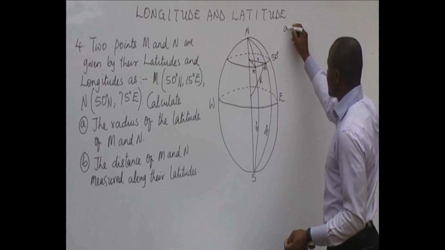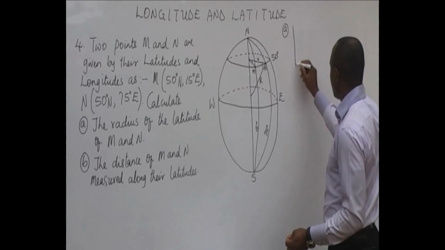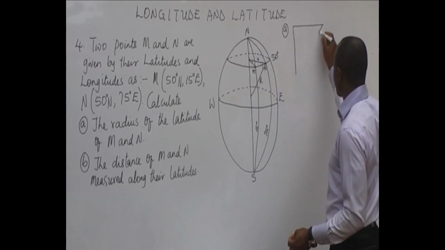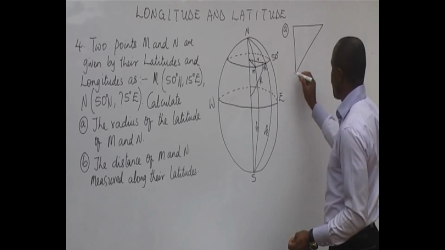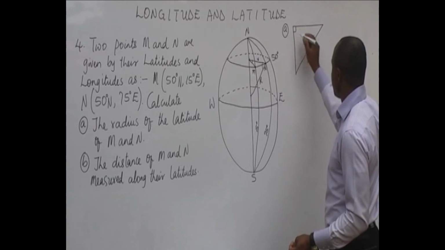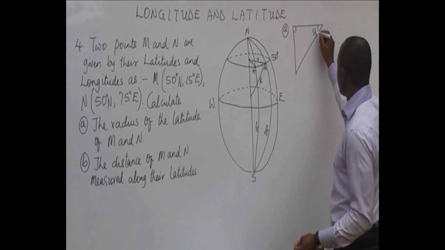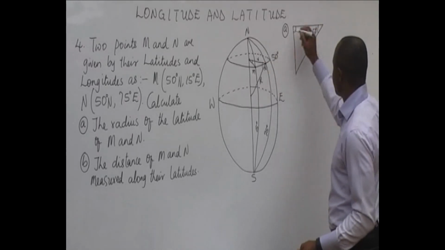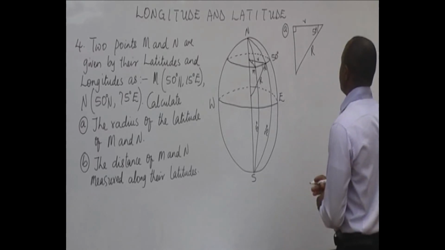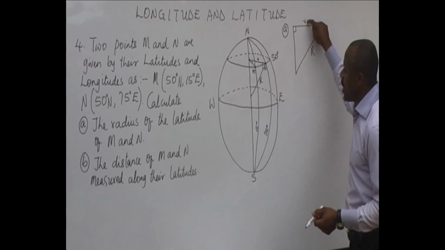We have started answering question number A. We're going to have a right angle triangle in this form, where this place is the right angle. This place is 50 degrees. This is small r, and the hypotenuse is the big R. Now, the question is asking for small r.